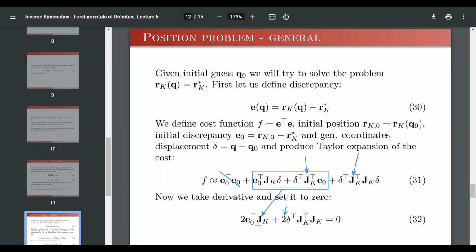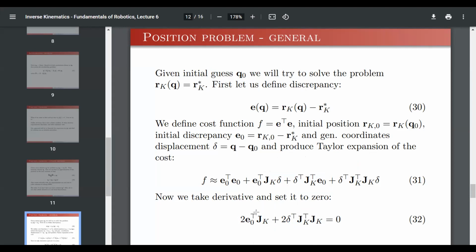So we get 2E0 transpose JK plus 2 delta JK equals to 0. From that, we can find delta, and we can find it as JK inverse times this thing. Of course, before we can do that, we have to transpose both of those parts.